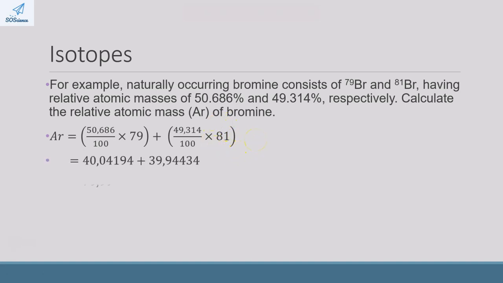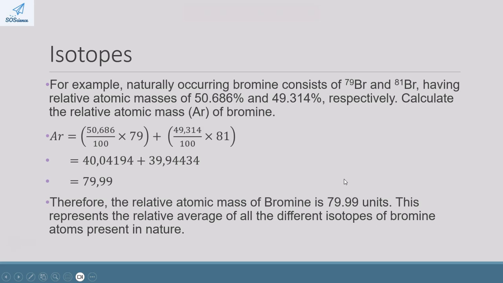And so we can add up those numbers and we get a relative atomic mass of bromine of 79.99. This means that the relative atomic mass of bromine is 79.99 units, and this represents the relative average of all the different isotopes of bromine atoms present in nature, or at least present in this particular sample.